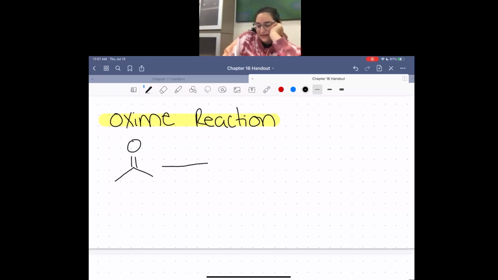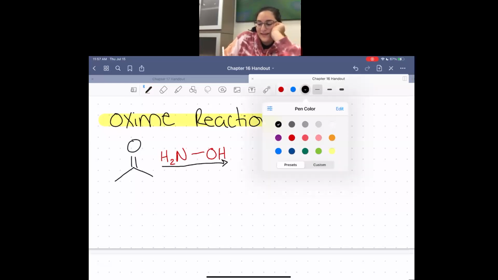And now we're going to have that spicy NH2 again. The only difference is we replace the other nitrogen with an OH. This is not going to be a wildly different reaction. We're still going to have HCl.